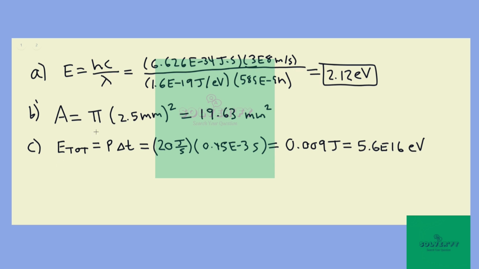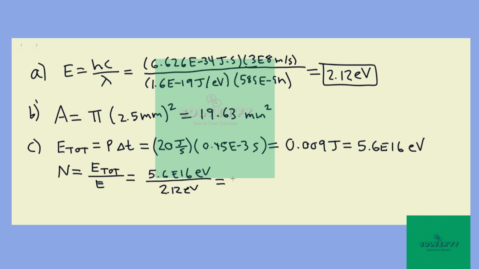Now, to determine the number of photons, we can simply divide the total energy by the energy per photon. We know both of these things, so 5.6 e16 electron volts divided by 2 electron volts per photon.